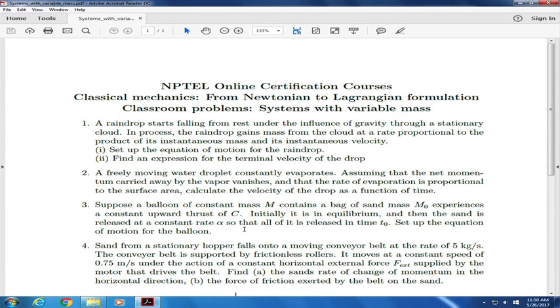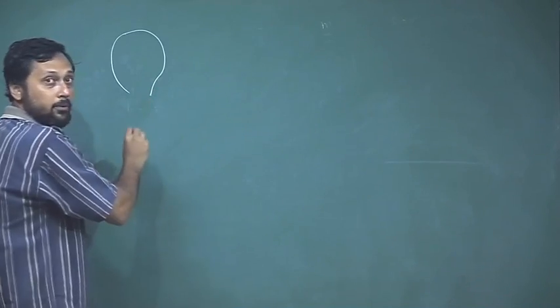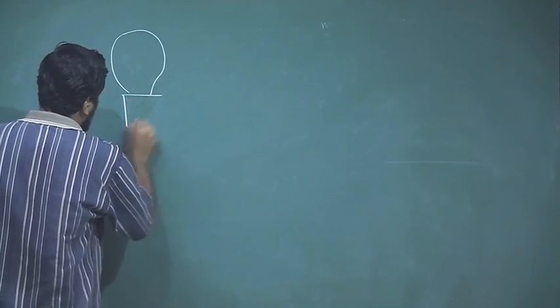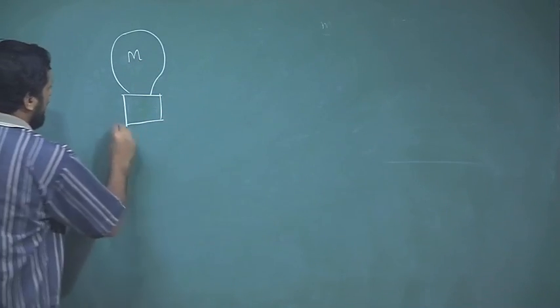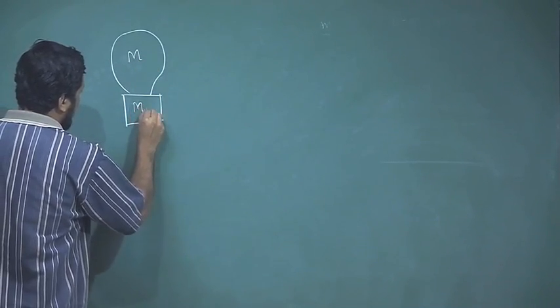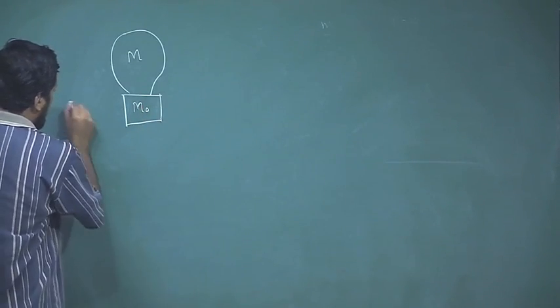So, we do not have to solve the equation, but we have to set up the equation of motion for this particular system. Now, in order to do that, let us get into this picture once again. So, we have a balloon which has a fixed mass M, and there is a sand bag at time t equal to 0.